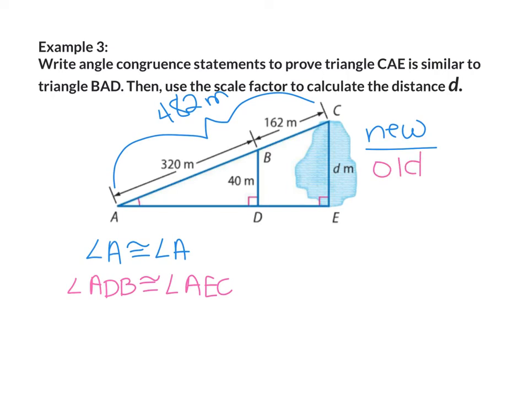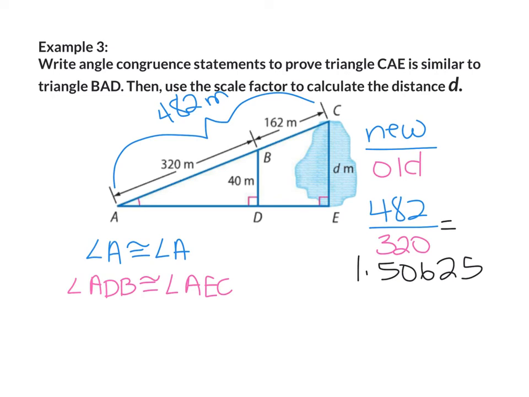So the new is the large triangle, which is 482, and I'm going to divide it by the old, which is 320. So 482 divided by 320 gives me 1.50625.